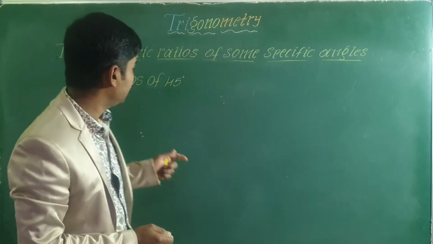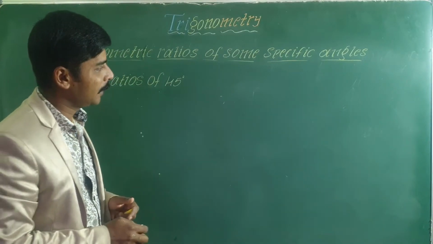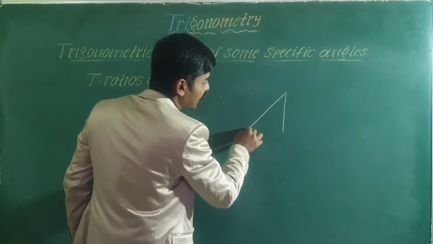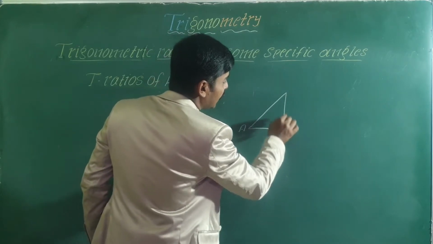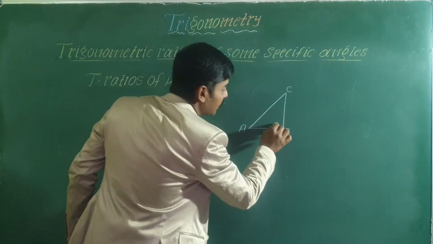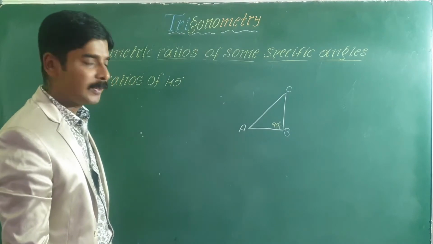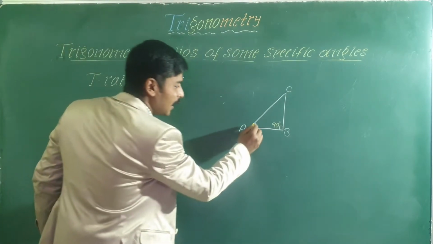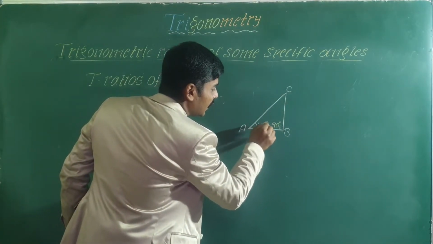Next, let us find the T ratios of 45 degree. For 45 degree, we will consider a right angle triangle ABC, right angled at B. You know angle B is equal to 90 degree. Since we must find the T ratios of 45 degree, I will assume that angle A is equal to 45 degree.